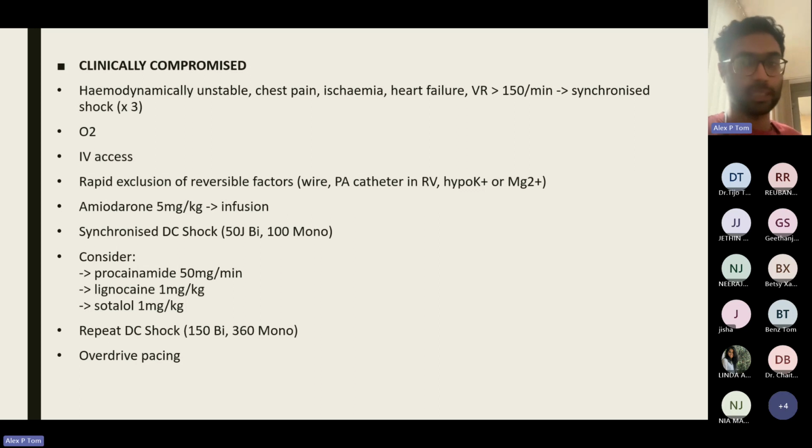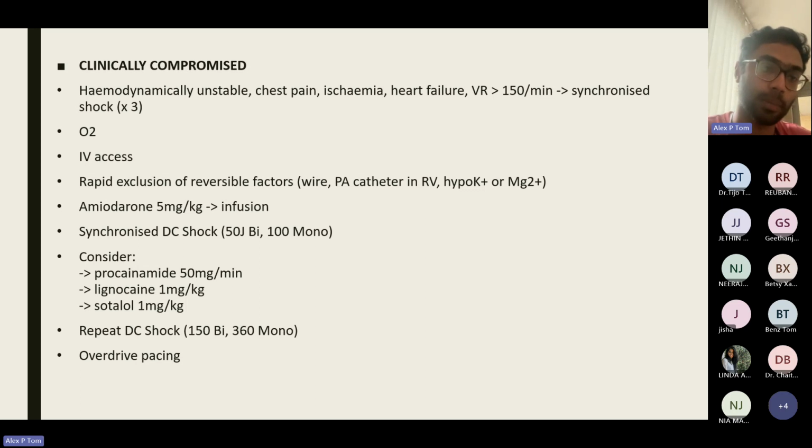Catheter in RV, that is basically when you do a central line or something like that. So exclude any of those wires. And then just in your bone center, mostly check potassium and magnesium, but you won't have time for that to come back.